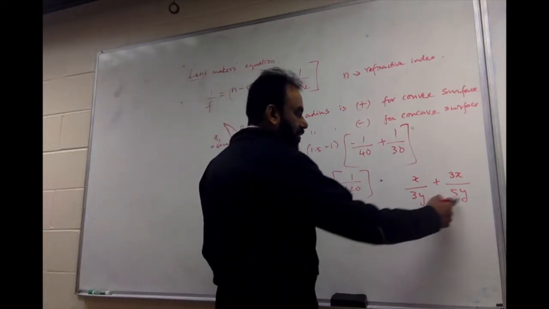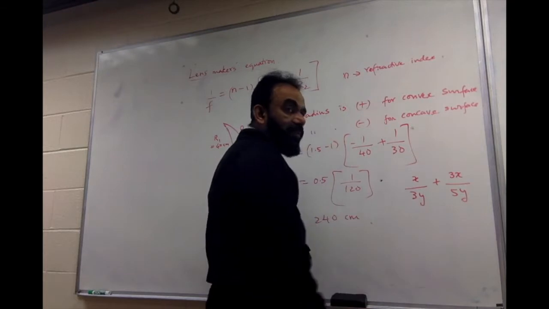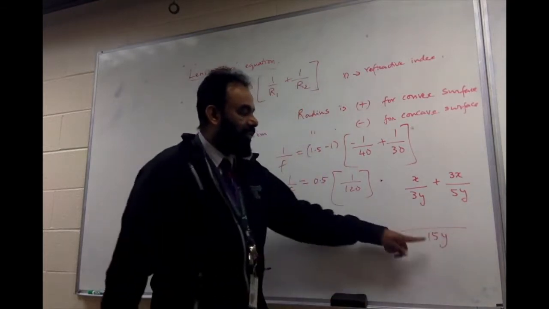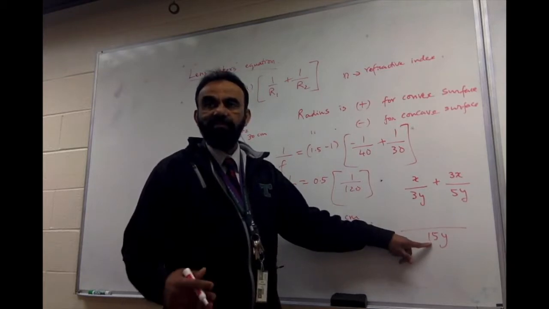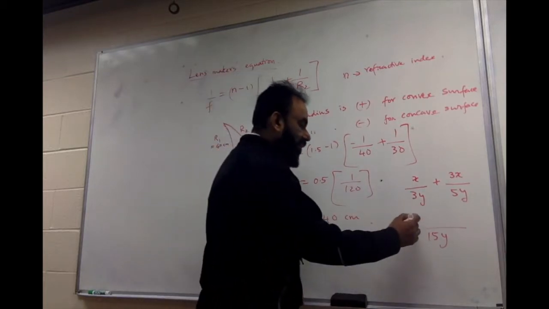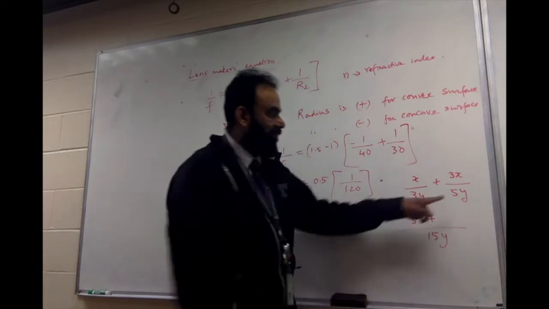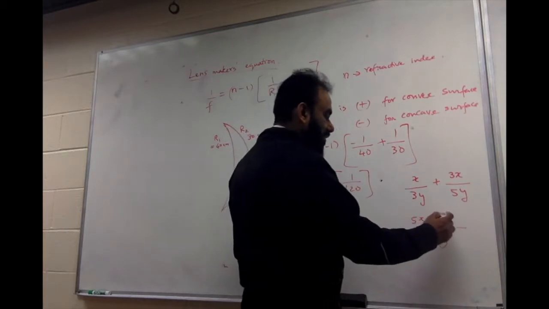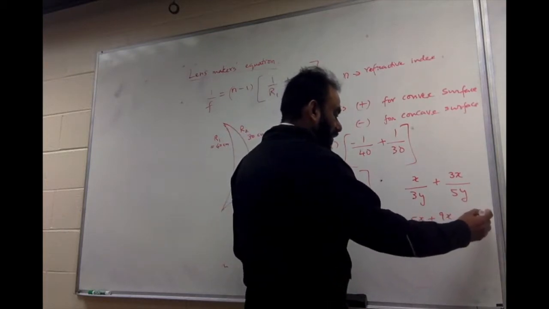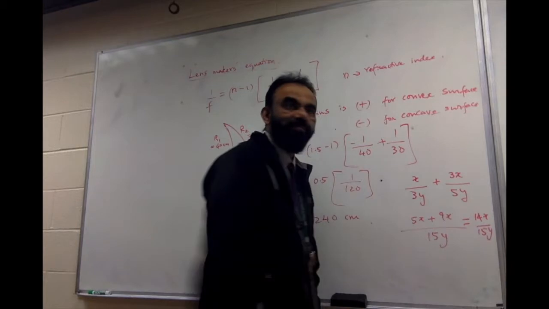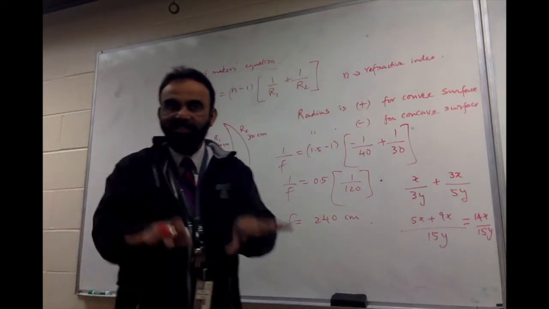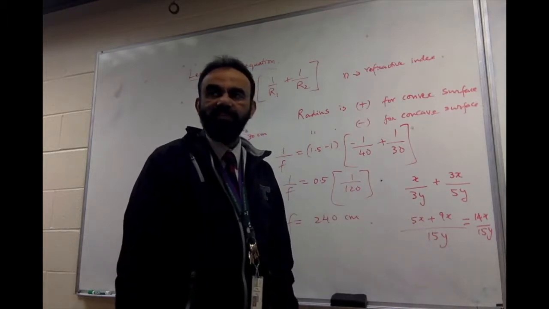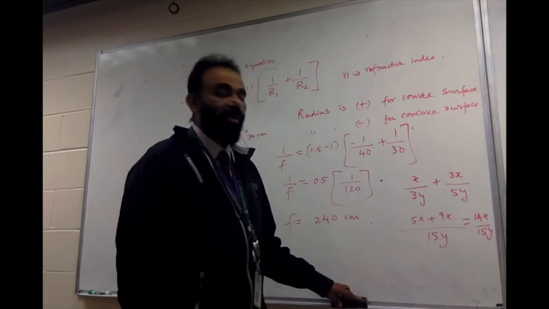What you have to do is find the least common multiple of these two: 15y. 3y goes how many times here? 5 times. 5 times x is 5x, plus 5y goes how many times here? 3 times. 3 times this is 9x, and it is 14x over 15y. Make sense? The procedure is exactly the same, and you can get to a final solution much faster by this approach. That's what I've learned.